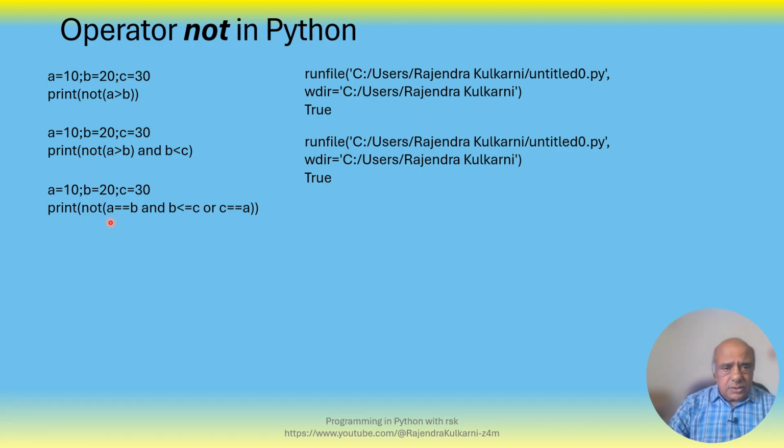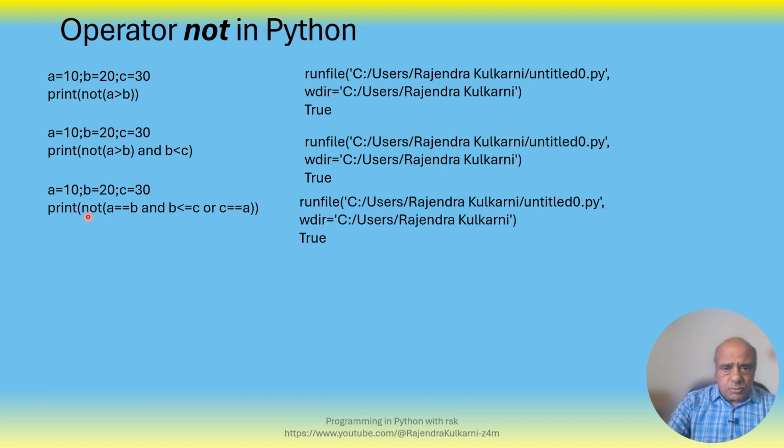A is 10, B is 20, so A is equal to B will be false. B less than or equal to C will be false, or C is equal to A will be false. So false and false and false will return false, and when it is negated with not, the output will be true.